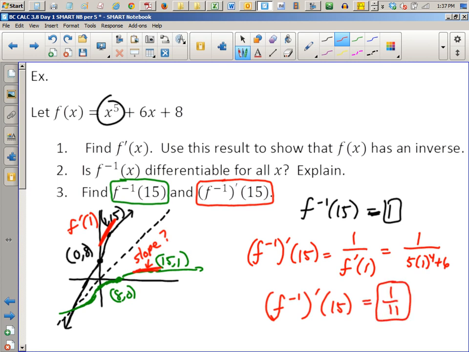What we're saying is this red line at the top has slope 11, and the red line at the bottom has slope 1/11. So we're kind of cheating the system. We do not have f inverse, but we analyzed f inverse by staring at f and its derivative.